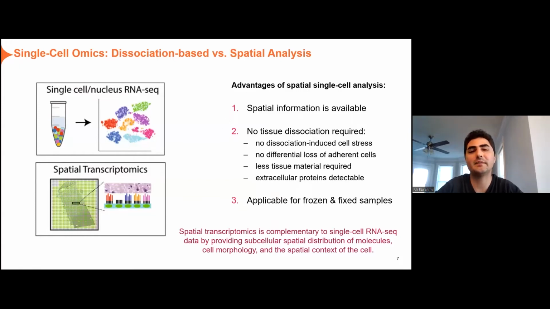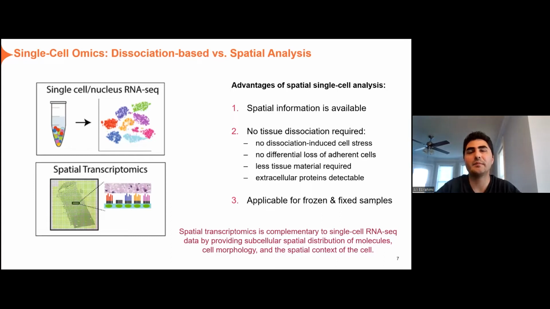For example, if you have adherent cells, cells that clump together, it will be difficult to quantify their presence in your sample, because you are not measuring a single cell, but a clump of cells. In addition, spatial transcriptomics is not destructive. So you are not dissociating your sample, and you are not impacting the RNA as much as you would with single cell.